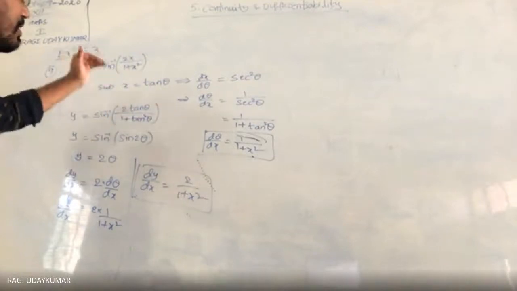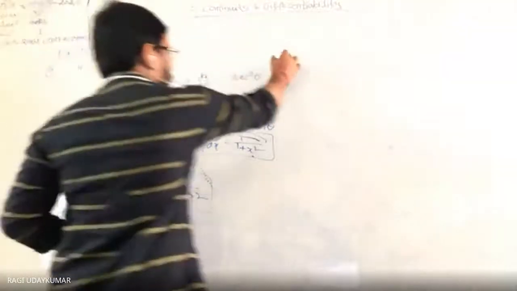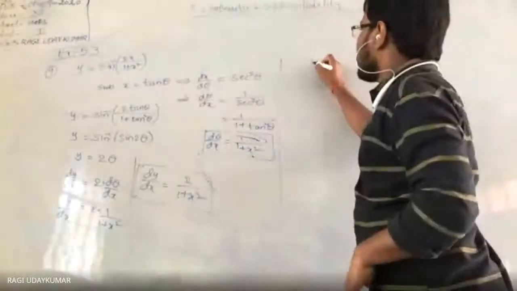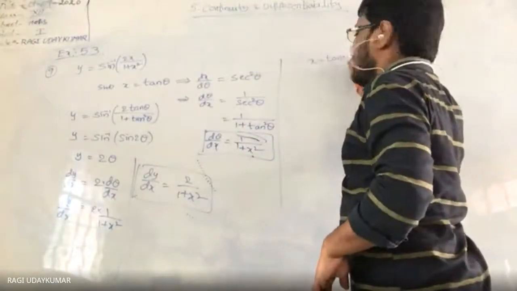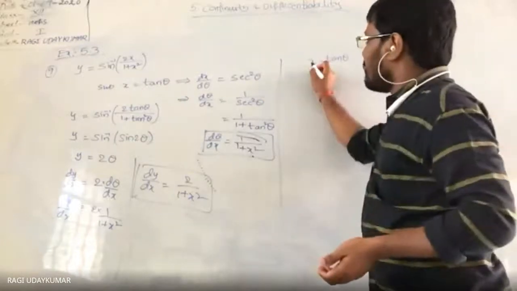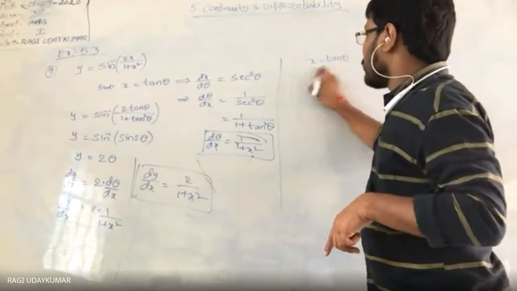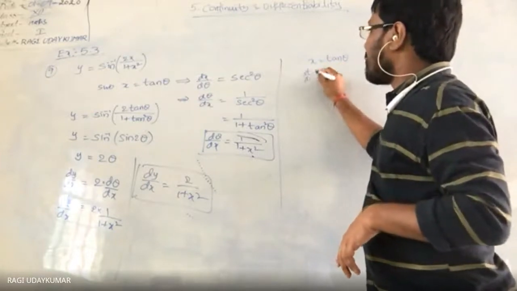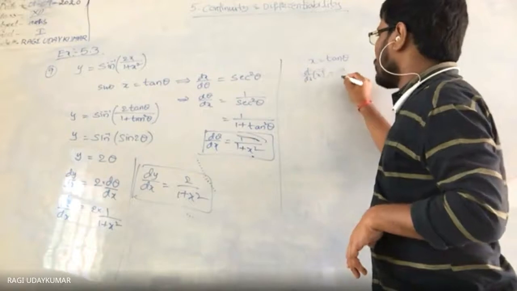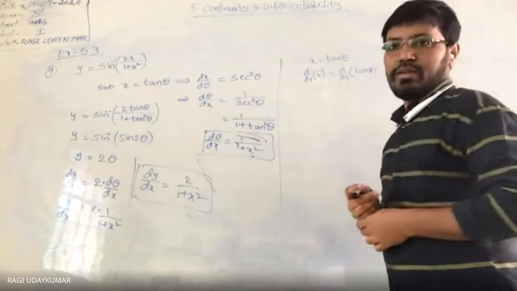Or if you want to differentiate with respect to x on both sides, suppose you take x equals tan theta and differentiate with respect to x on both sides, that means 1 is equal to, d by dx of x is equal to d by dx of tan theta.